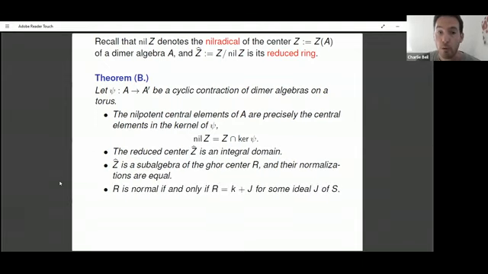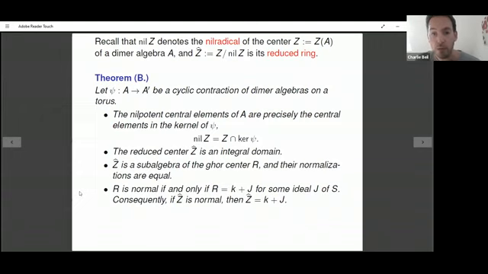Furthermore, R is normal if and only if it's of this form K, our ground field K, plus some ideal J in our cycle algebra. So this was exactly of the form that we looked at at the beginning on Wednesday with depiction. So this is what the algebras in that section look like. Consequently, if the reduced center is normal, then it's K plus some ideal in the cycle algebra.